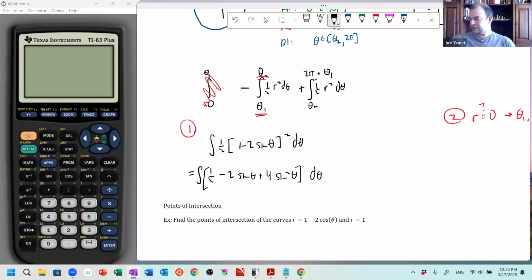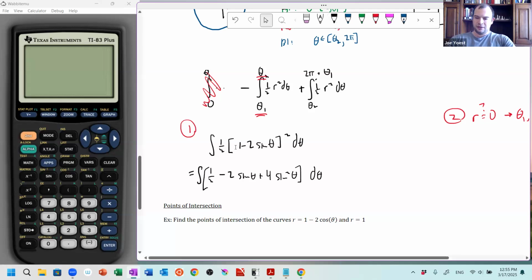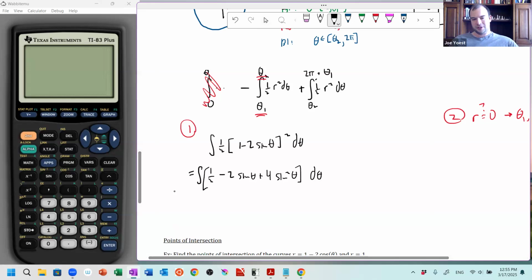And again, because we're running a bit short of time, I'm going to leave the details of this integral as an exercise. We covered trig integrals in chapter 7. So this minus 2 sine theta will integrate easily. The sine squared theta, use an identity for that.